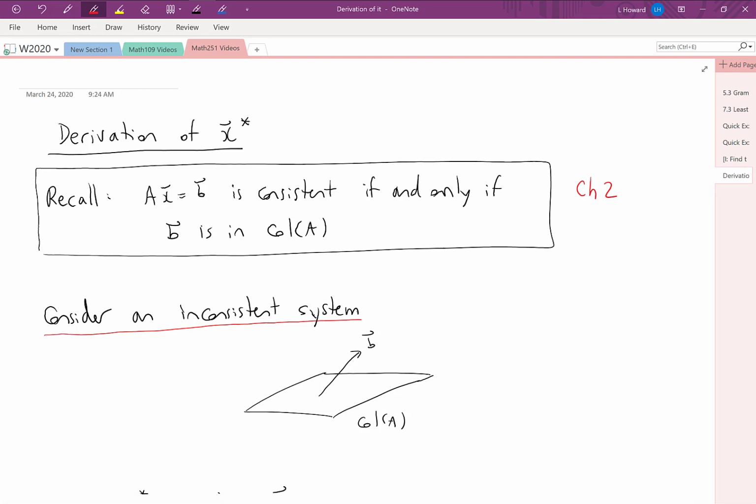If our system is inconsistent, that means b is not in the column space of A. In our picture, let's imagine geometrically that the column space of A is a plane through the origin, maybe in R3. The point is that the vector b is not in that plane, so we'll draw b coming up out of that plane.